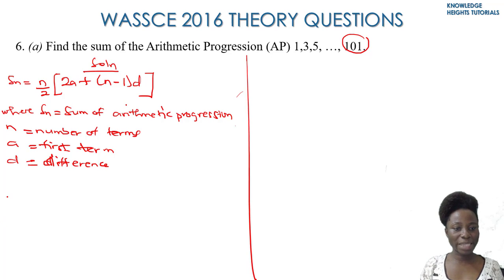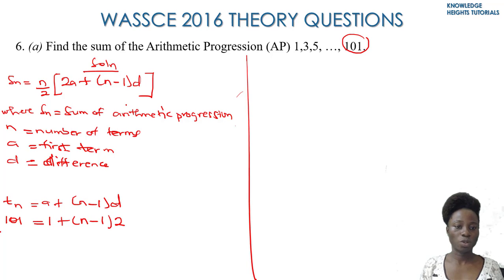So if you are given the last term, it's represented by Tn, which is equal to a plus n minus 1 in brackets d. So the last term 101 is equal to a, the first term, plus, we don't know n, so n minus 1 in brackets times the d, which is 2.